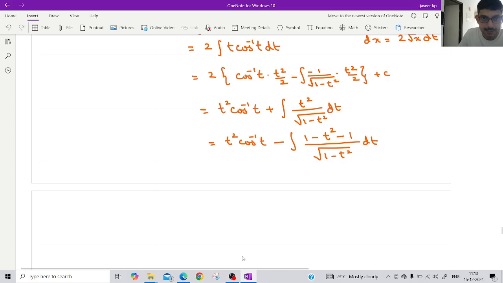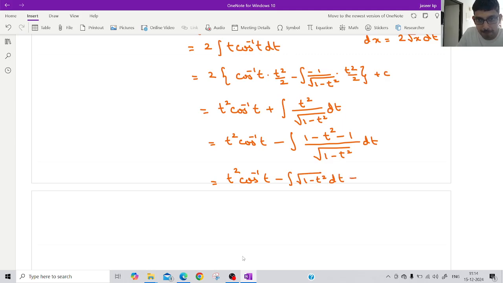So that is, it will become t square cos inverse of t minus integral of root of 1 minus t square dt plus 1 by root of 1 minus t square dt.